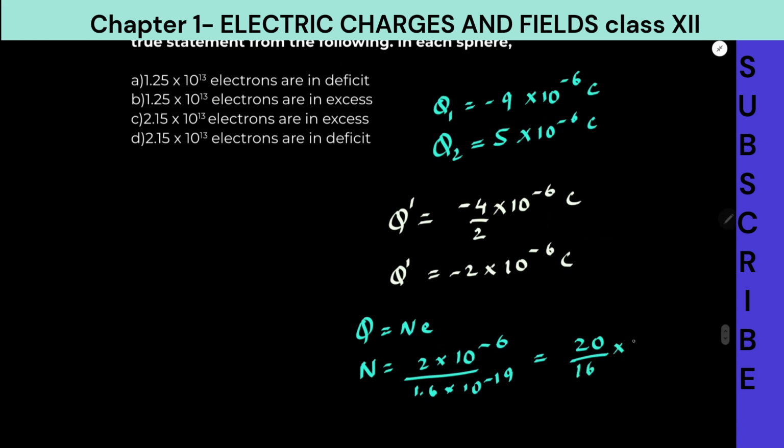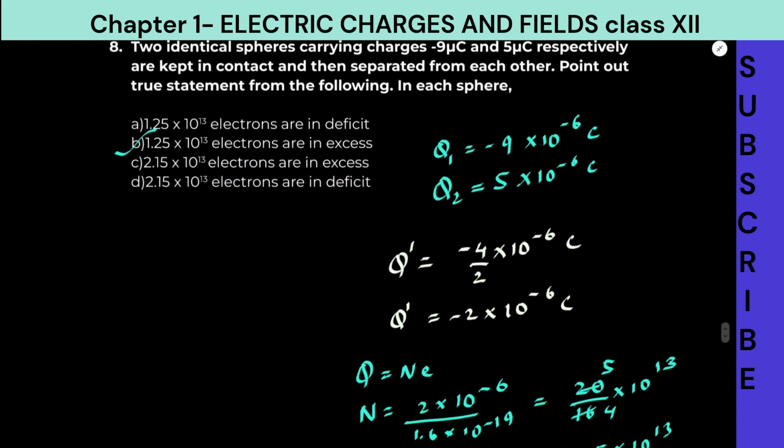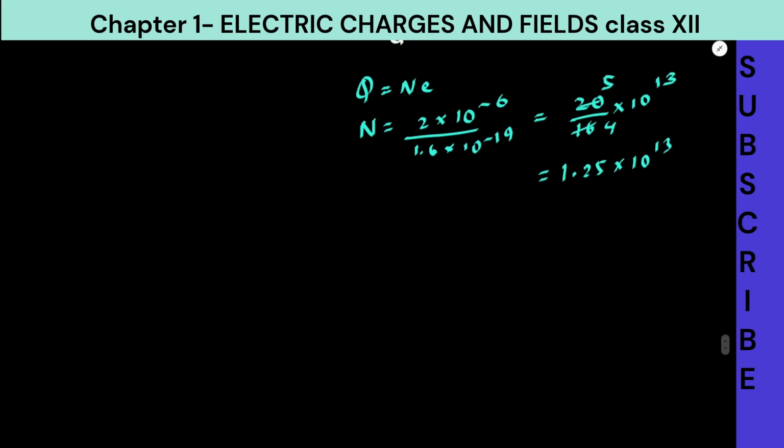So 20 upon 16 into 10 to the power 19 goes up, it will become 10 to the power 13, right? Let's cancel out: 4 5s are 20, 4 4s are 16, so 5 upon 4, and that is 1.25 into 10 to the power 13. That's option B. So correct answer here. Very simple question it was. So that is the number of electrons, no units here. This was question number 8 in the second paper.